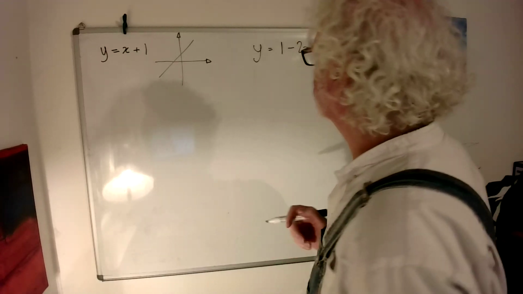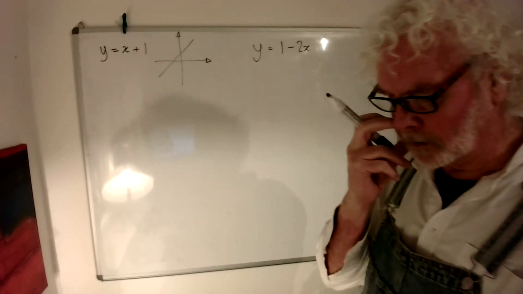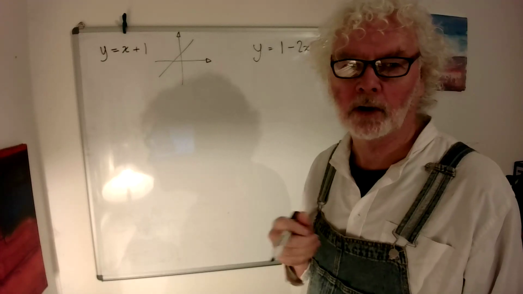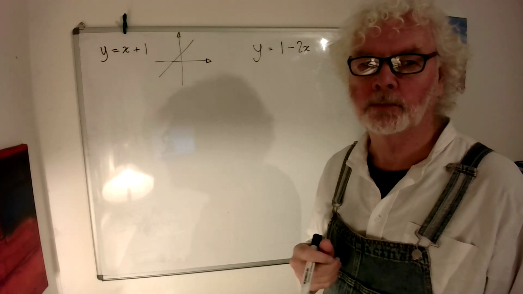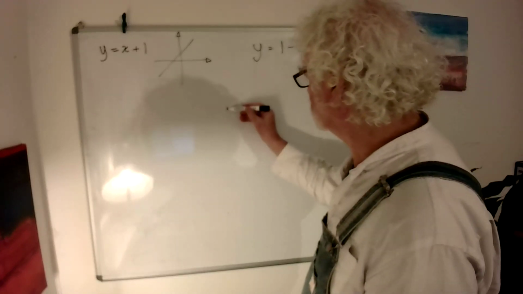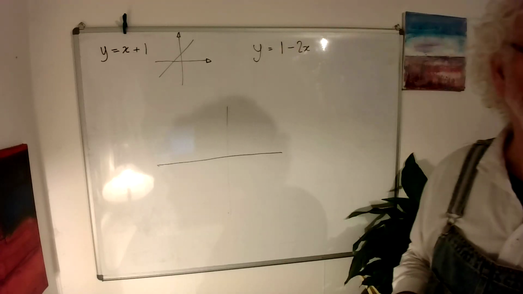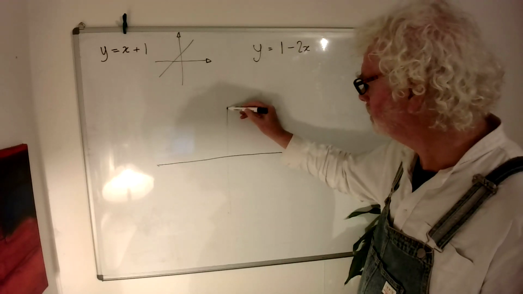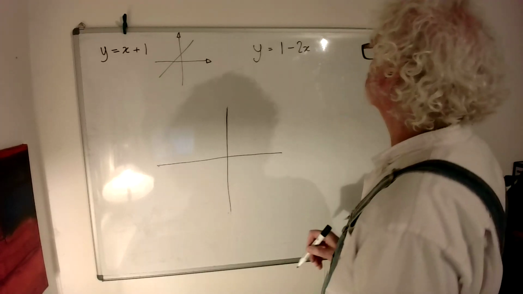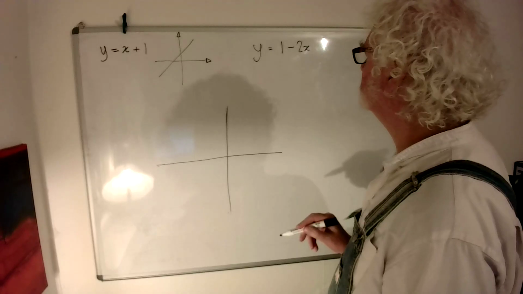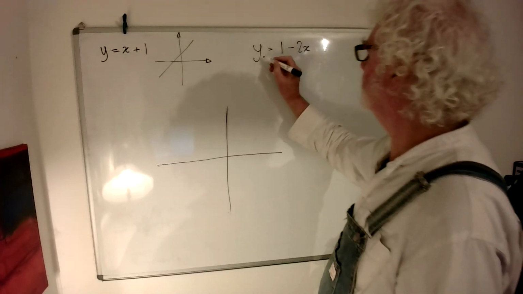So what I'm going to do is, this equation I'm going to plot it, well, not plot it, but draw it using 2 points. So here's the axes. I know you can hardly see that one. And I'm going to choose 2 easy points. The first one is when y equals 0.